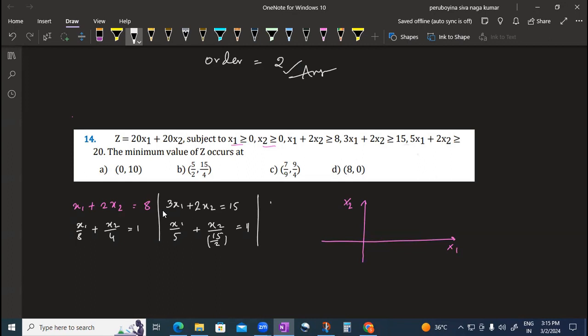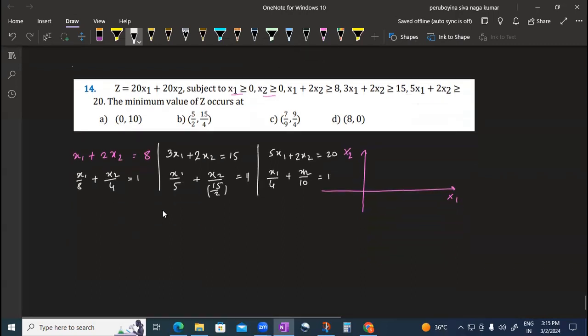Third constraint, 5x1 plus 2x2 equal to 20. I divided by 20, then I got x1 by 4. You know how to convert these things. And x2 by 10 is equal to 1.